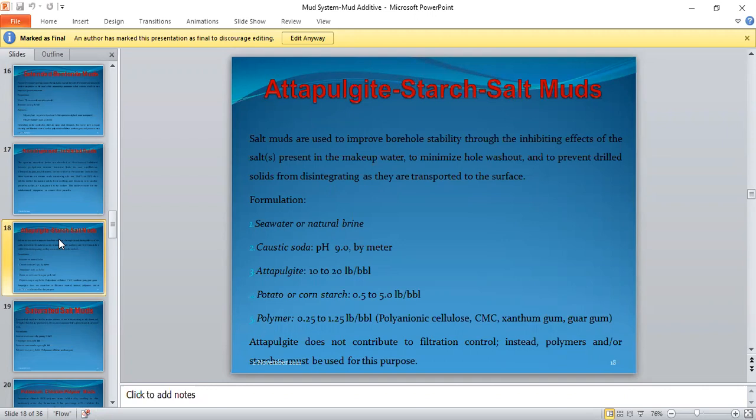All these are chemicals that give you viscosity. They are polymers. Attapulgite does not contribute to filtration control. So these polymers are the ones that will give you filtration control. When they talk about filtration control, it will not allow your mud to go into the formation. It will cause a filter cake. So the polymers or the starch give you viscosity and the filter cake.